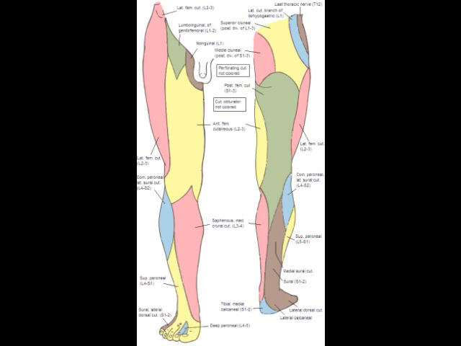And then going down from that, right there, where the pink is the saphenous cutaneous nerve. And to the left of that is the perineal lateral cutaneous nerve.